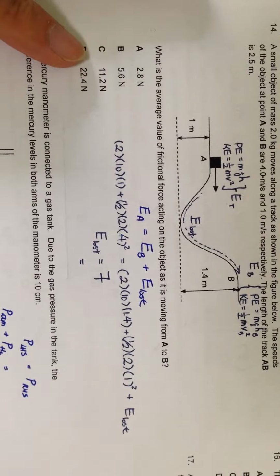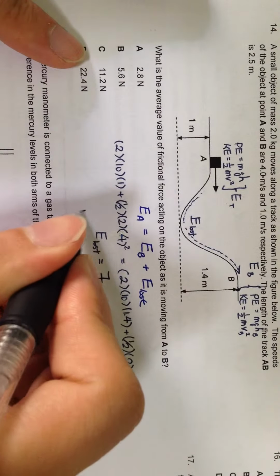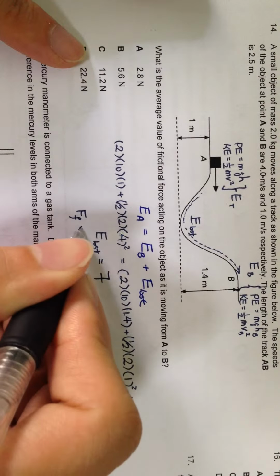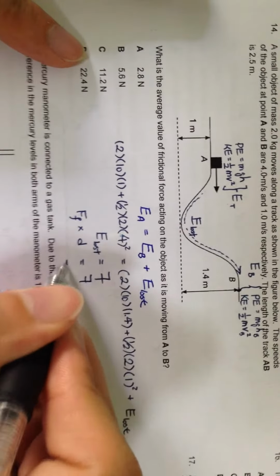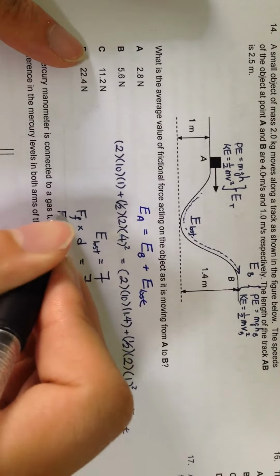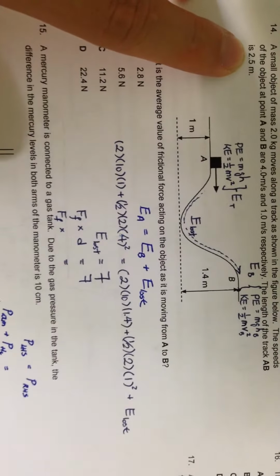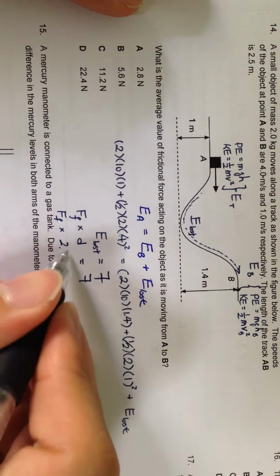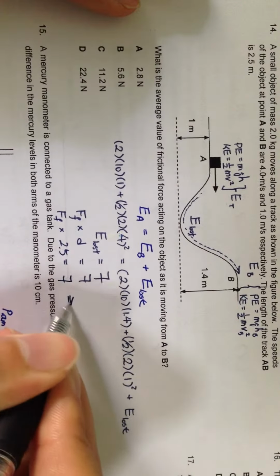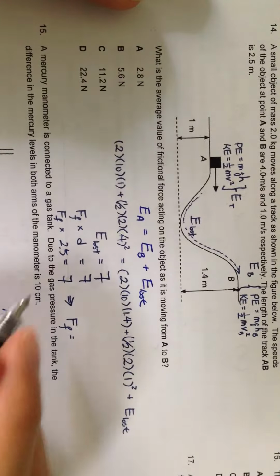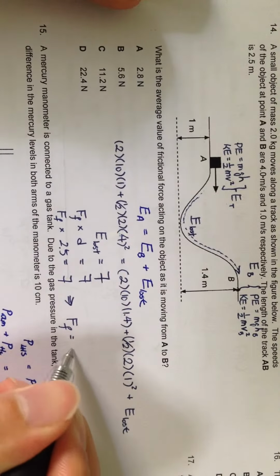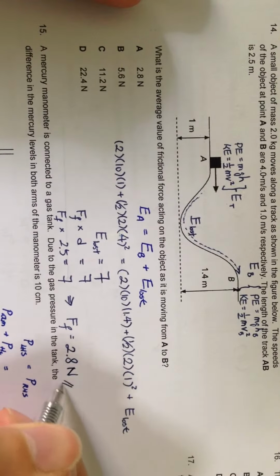The work done against friction is your F, the friction, times the distance that we travel, right? And the distance that we have traveled is 2.5 meters, which is given here. So we know that this is 2.5, this is 7. So you will be able to get the frictional force as 2.8 Newton.